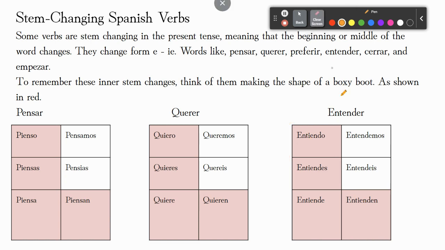That's the easiest way to remember. Then the nosotros form ends in MOS and the middle does not change: entendemos. The vosotros form, entendéis, is again outside the boot, so the middle does not change and the ending rules still apply. And then we have entienden, which is inside that boot, so the middle changes but the ending rule still applies: ellos, ellas, ustedes entienden.